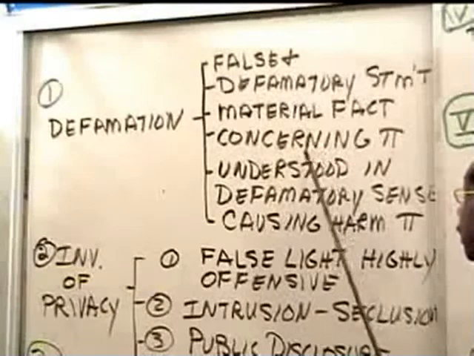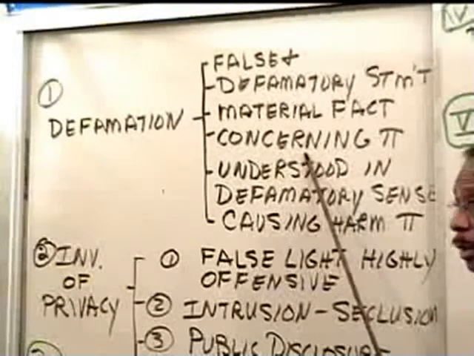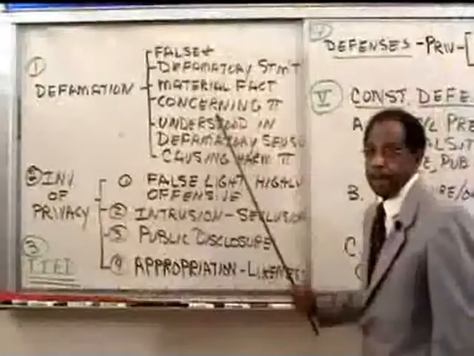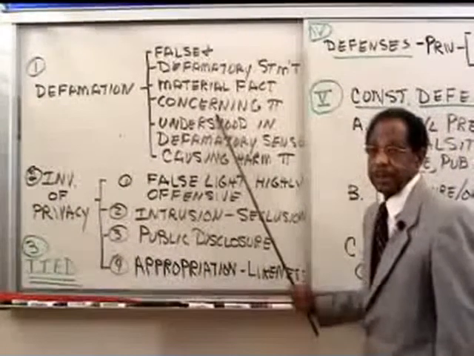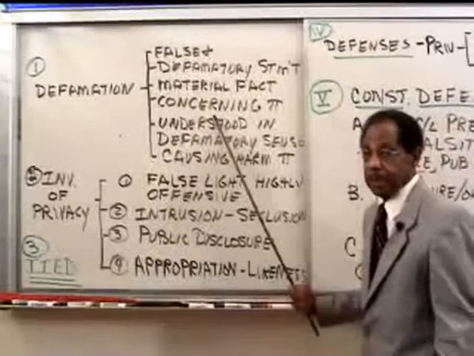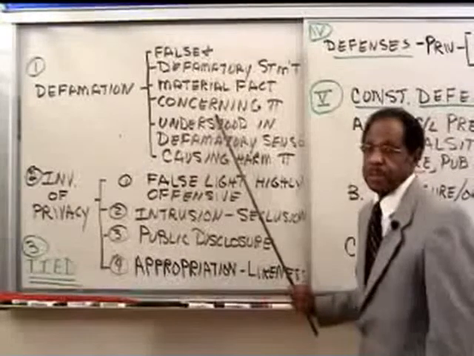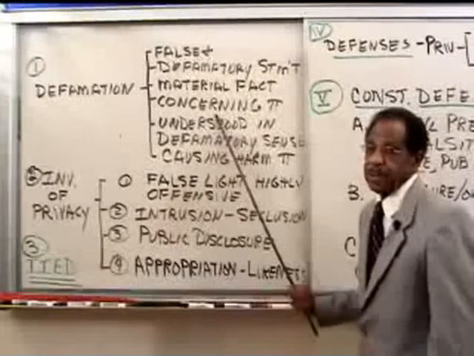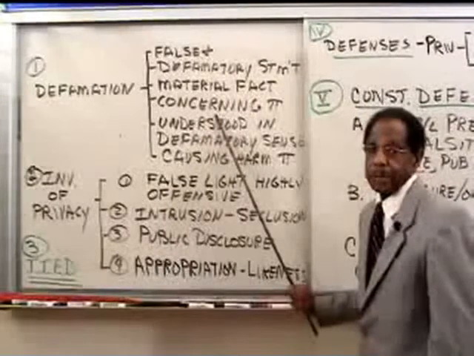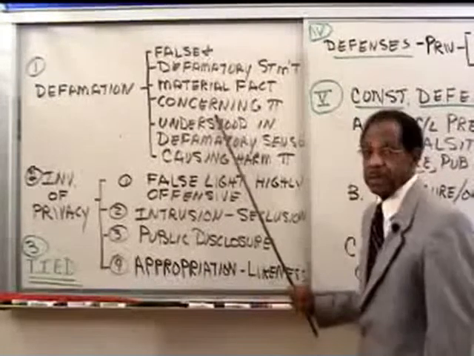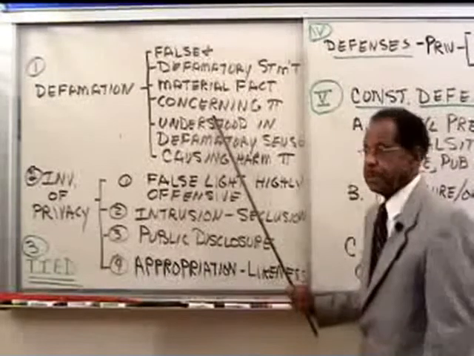Concerning the plaintiff, once again, if the plaintiff is literally named Senator Hillary Clinton and you try to defame her, clearly it is concerning the plaintiff. But suppose you said that female senator from New York, so you haven't really named her. Is that still concerning the plaintiff? What is the rule that deals with that?